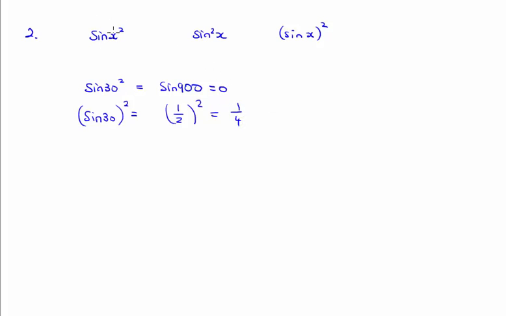For sine of 30 squared, you square the angle first, then plug that squared angle into the sine, and you get your corresponding ratio, which in this case was 0. For sine of 30 all squared, you evaluate the sine of 30 first, get half as your ratio, and square that to get quarter.